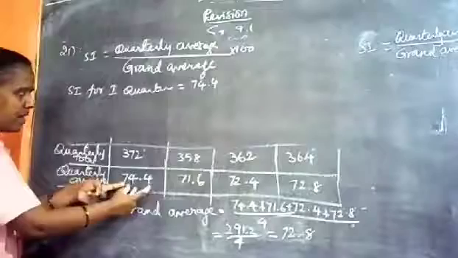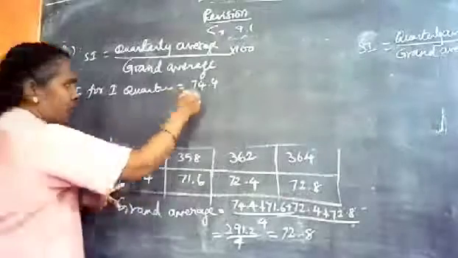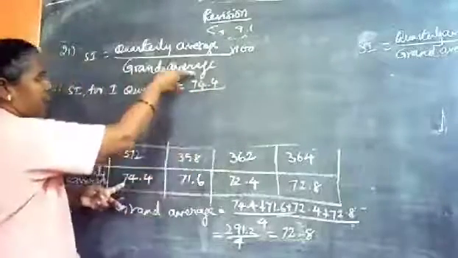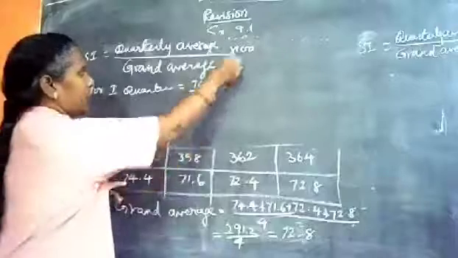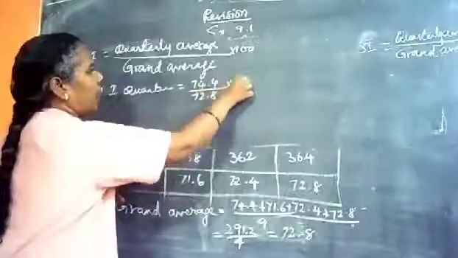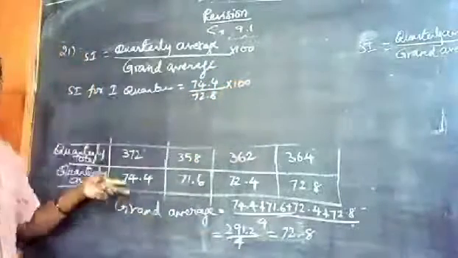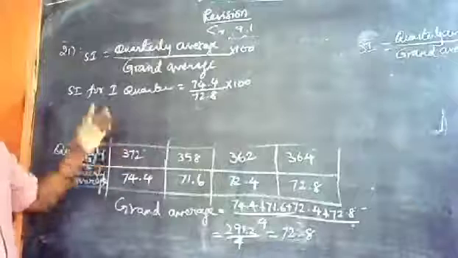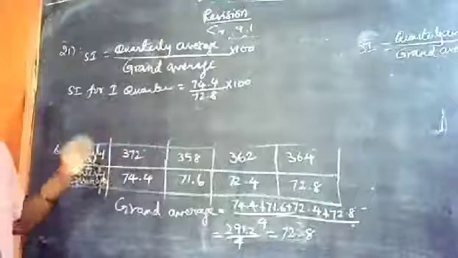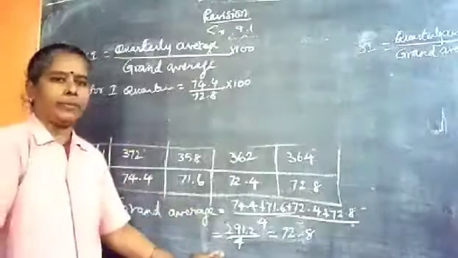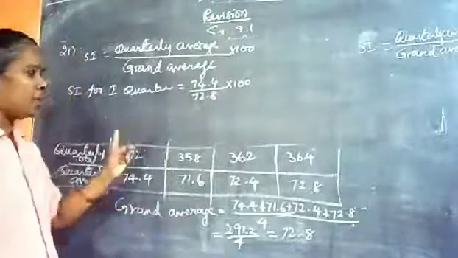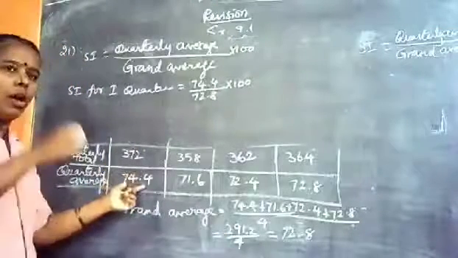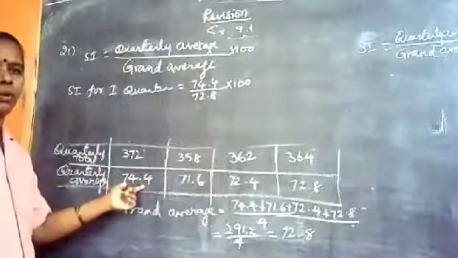This average you should write in the numerator, and divide by the grand average we received here, 72.8, into 100 as per the formula. Substitute the values from the tabular column very carefully, children.